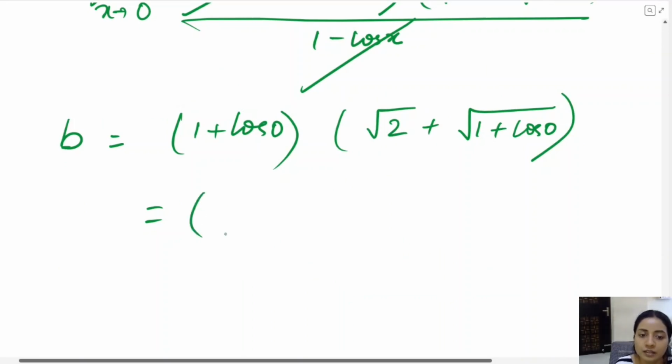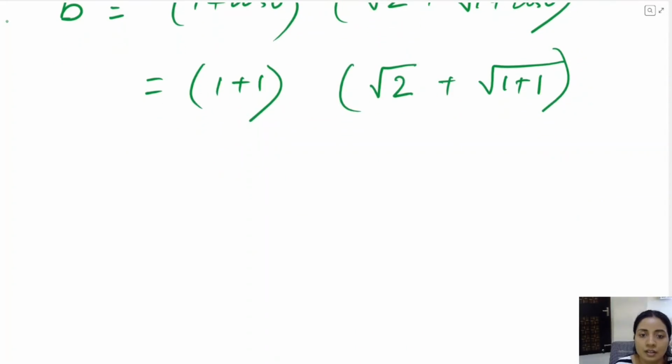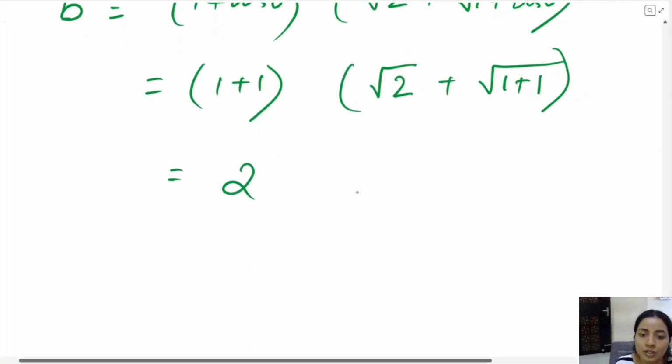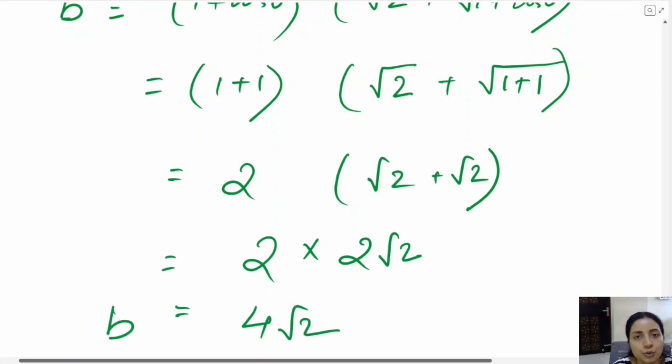Cos 0 is 1, so 1 plus 1 is root 2, and 1 plus cos 0 again is 1. So we are getting 2, and here we are getting root 2 plus root 2, that is 2 root 2, multiplied with 2. So we are getting 4 root 2. Our b is 4 root 2.